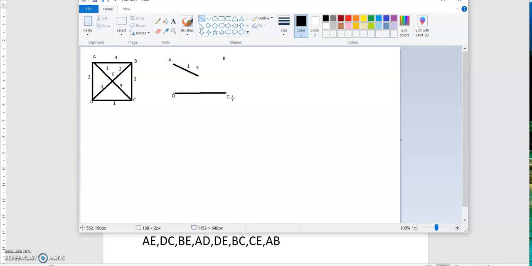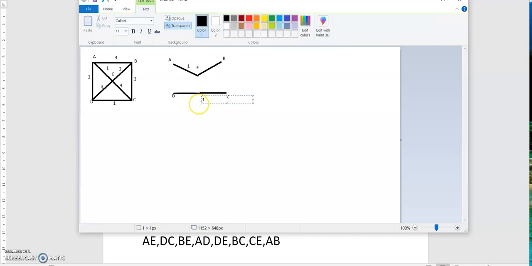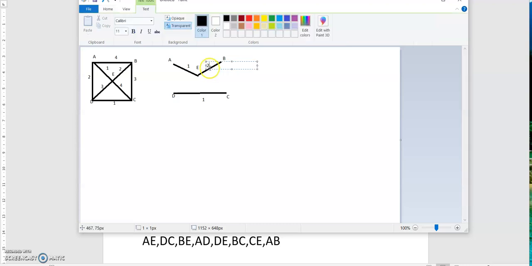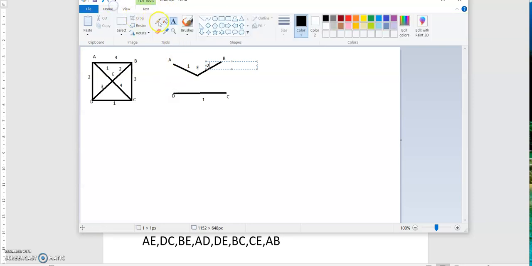DC is joined. Next is BE. DC value is 1 and BE value is 2. Then AD. If AD is joined, it doesn't lead to a loop, so we can join AD, and its value is 2.